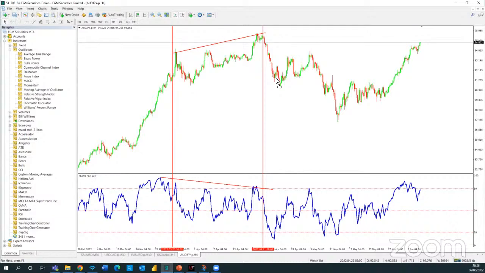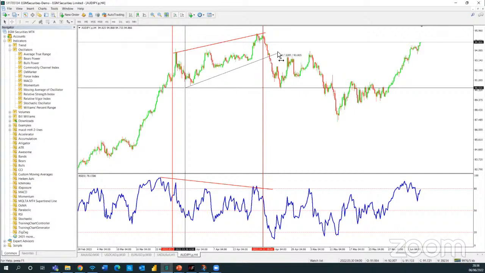So in that case, you'd probably rely on divergences to spot potential reversals earlier in the market. Exactly. By the way, if someone wanted, they could have used a channel, or considered this one as a support and waited for a breakout for extra confirmation. But divergences give a more leading indication as compared to the breaks, because the breaks would have made you enter at a much later stage.